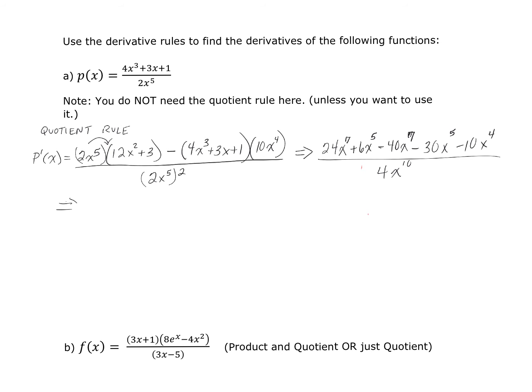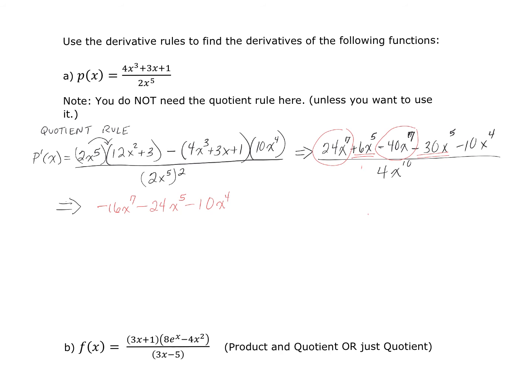Simplifying still further, we're going to collect like terms. So we've got a 24x to the 7th minus 40x to the 7th. That's going to leave me negative 16x to the 7th. 6x to the 5th minus 30x to the 5th is minus 24x to the 5th, minus 10x to the 4th.